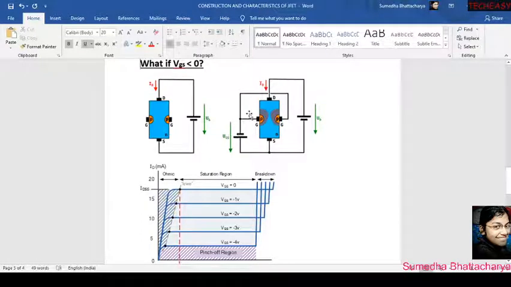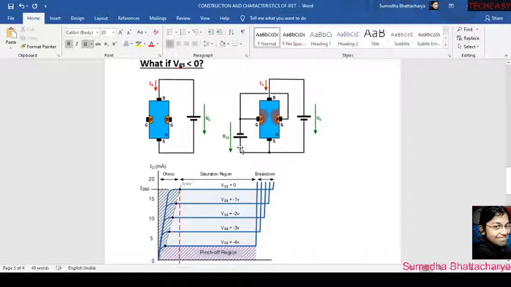Basically we get VGS equal to minus 2 volt, because here G is lower and S is higher. So G will be 0 and S will be 2, so the potential difference will be minus 2 volt. Now we have already applied the voltage VGS.